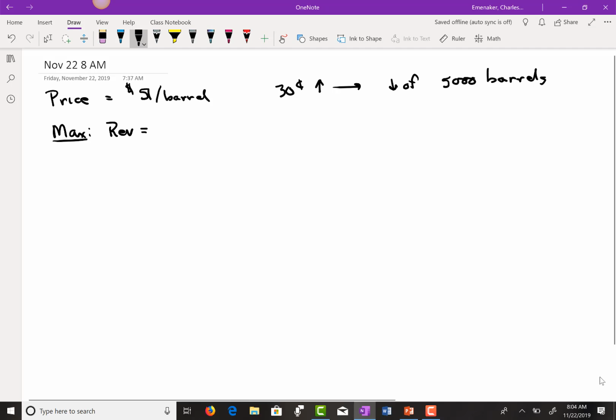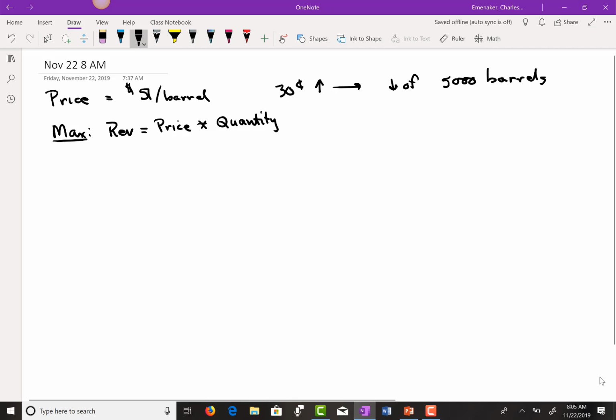Kind of a general template? Price times quantity. Yeah. So I'm going to jot that down. It's whatever the price is times the quantity. Or in some cases, people know this as the number sold. Either's fine. So maximizing revenue is our objective.